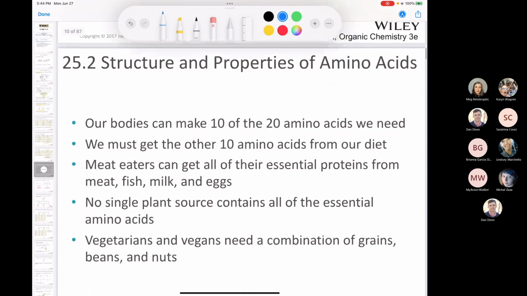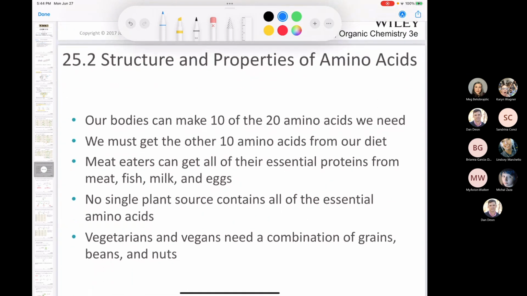Now, something you might have heard of before, especially if you studied biology, is essential amino acids and non-essential amino acids. Well, it turns out that we can only make half of the amino acids ourselves. Half of the amino acids can be built by our bodies, whereas the other 10, the only way to get them is to eat them, to get them from your diet.